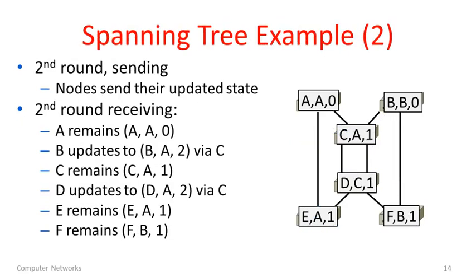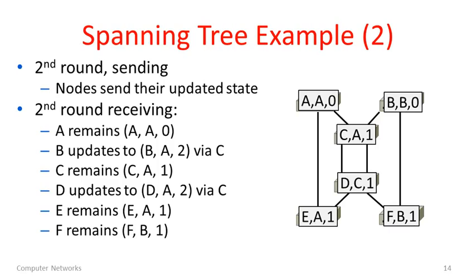Let's go to round 2 now. Round 2, I've replaced the diagram, I've updated the state of nodes. All of the nodes send these messages out to their neighbors. So C sends the message CA1 out to neighbors A, B, and D twice, for instance. What's going to happen? Well, A still sticks with its configuration. It's the root. No one can beat it.